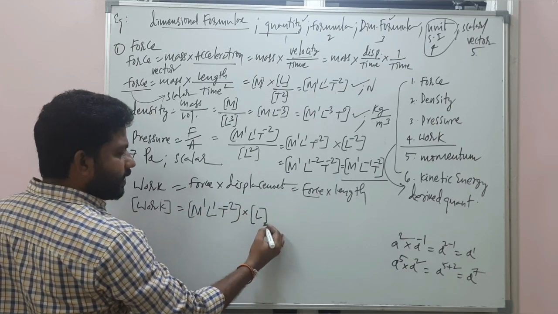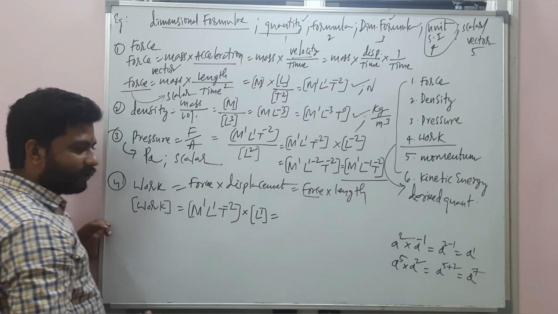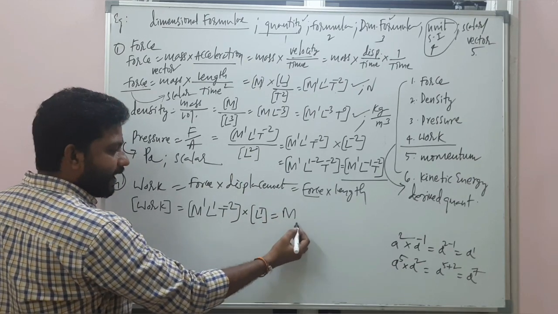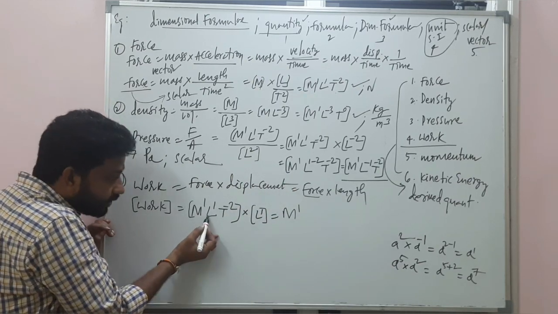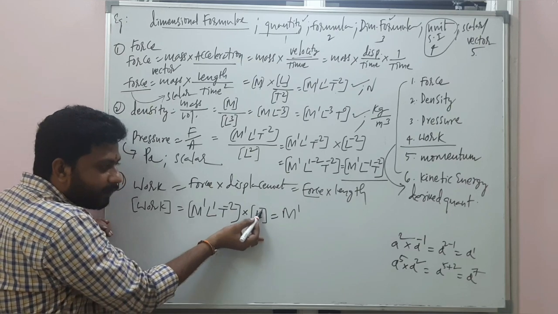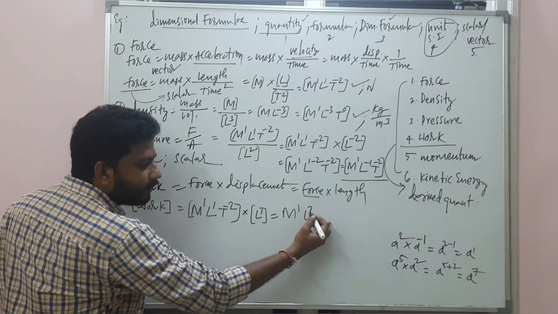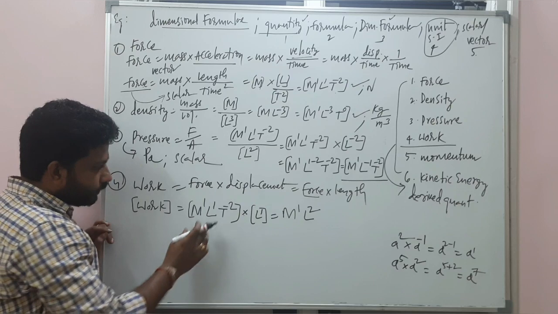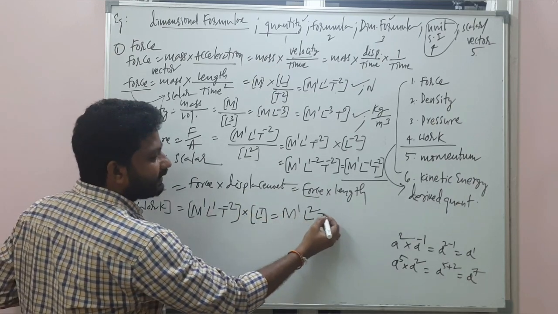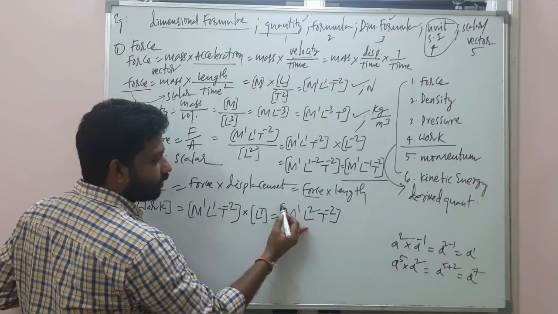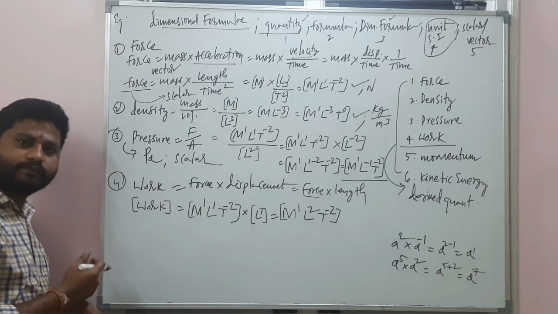Displacement is L, L to the power 1. Here you can write M to the power 1, L to the power 1 into L to the power 1, so I can say L to the power 2, T to the power minus 2. So that is the dimensional formula of work.